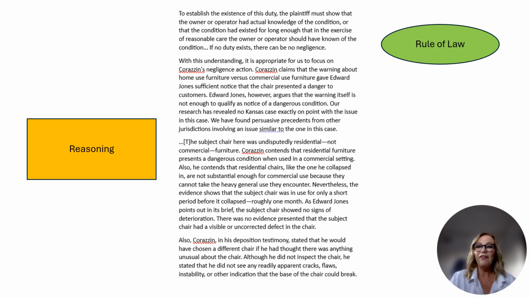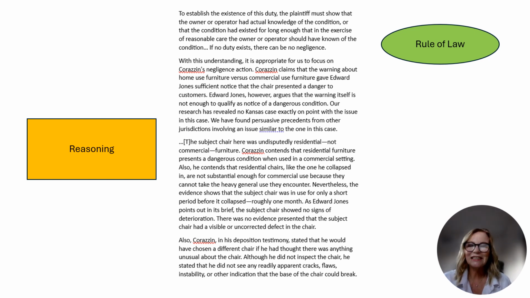And then they looked more and said they didn't have any evidence that the chair was used for a long period of time. In fact, it was for a short time. And in fact, there was deposition testimony by the plaintiff, and he said, hey, if I thought there was something wrong, I would have chosen a different chair, but I didn't even think there was anything wrong.